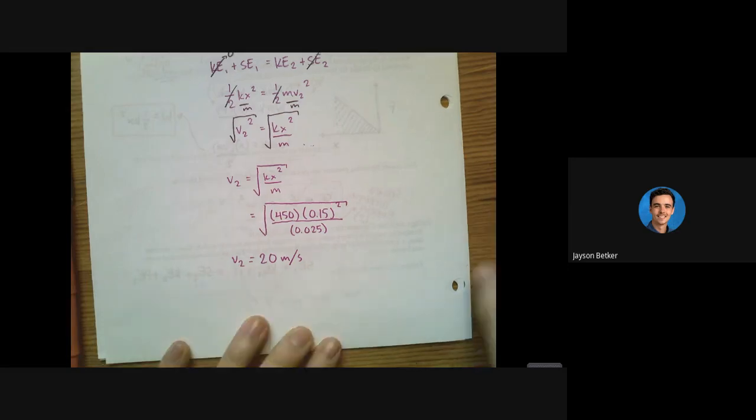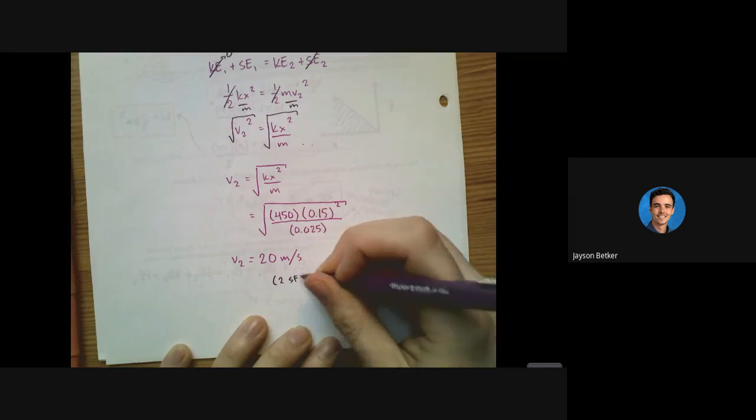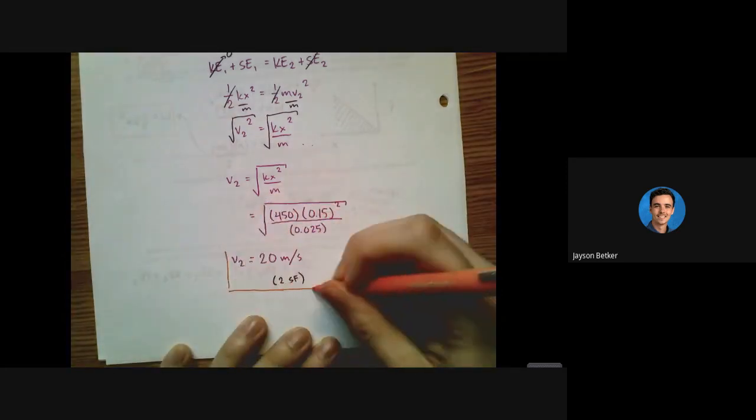We'll go with 20. Oh, what's our sig figs? 2. So yeah, 2 sig figs, I guess. Just put in brackets. There we go. All right, so v2 is equal to 20 meters per second.